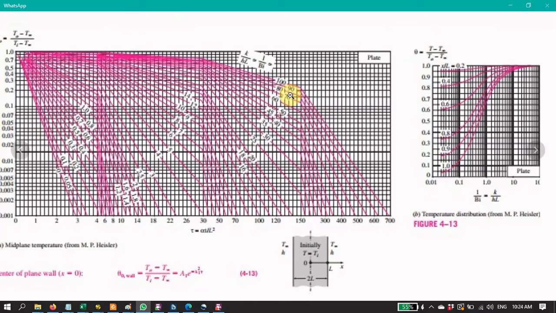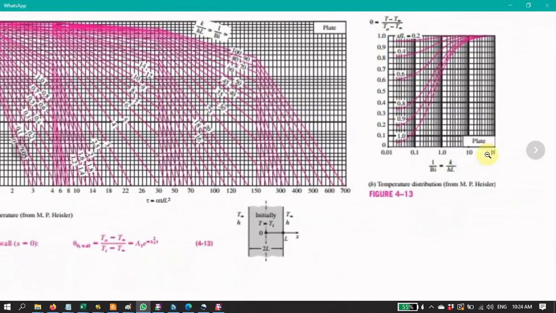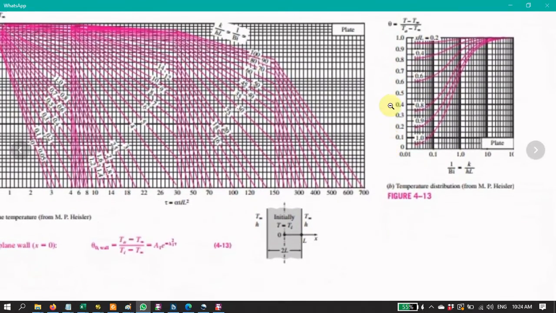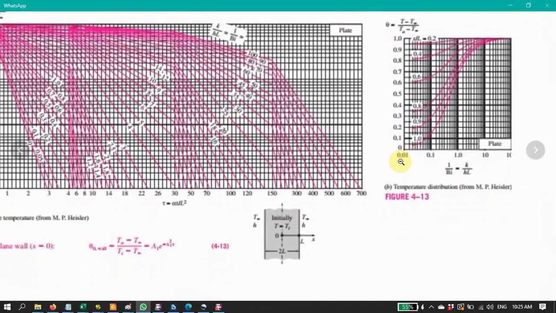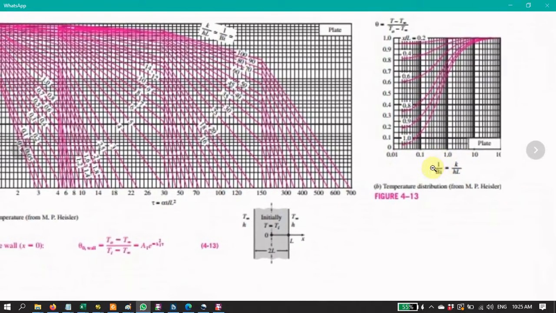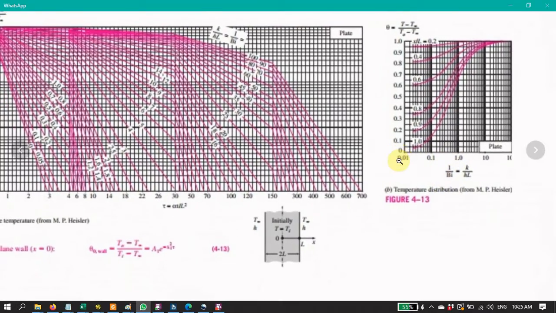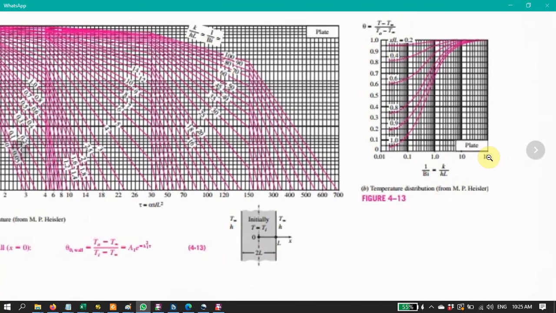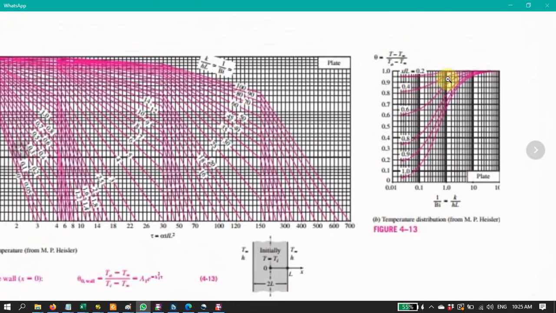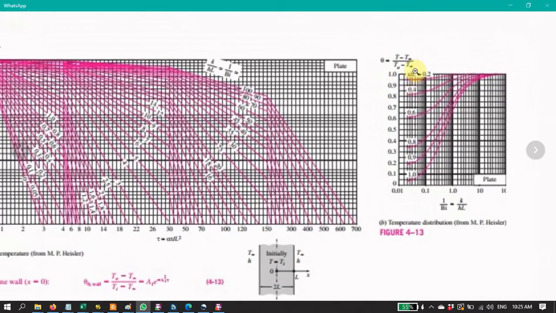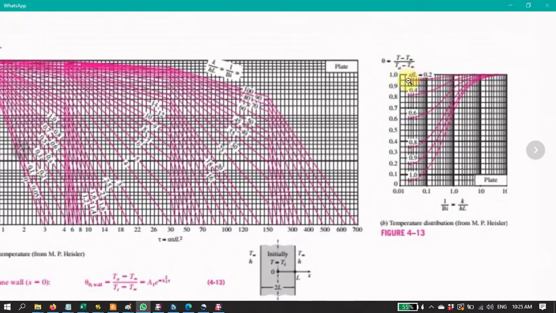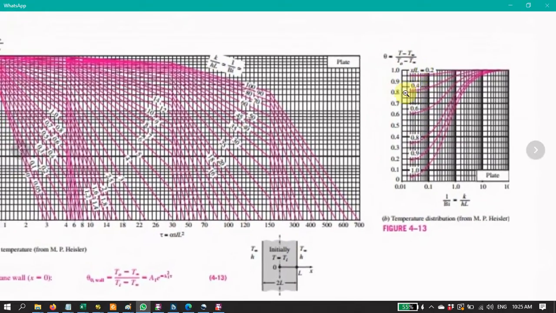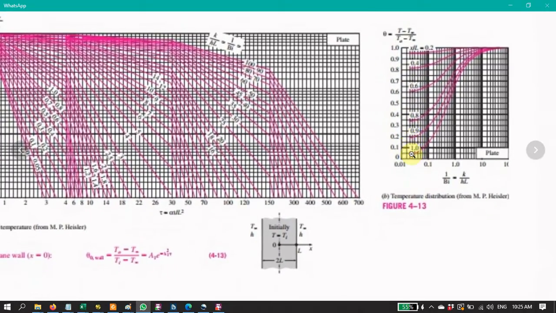In the figure on the right, the vertical axis tells you the dimensionless temperature at any location in the body. The horizontal axis is the reciprocal Biot number, ranging from 0.01 up to 100 in a logarithmic plot. The pink lines show the dimensionless distance from the center. It does not cover all values, but it varies from 0.2, 0.4, 0.6, 0.8, 0.9, and 1.0, right?